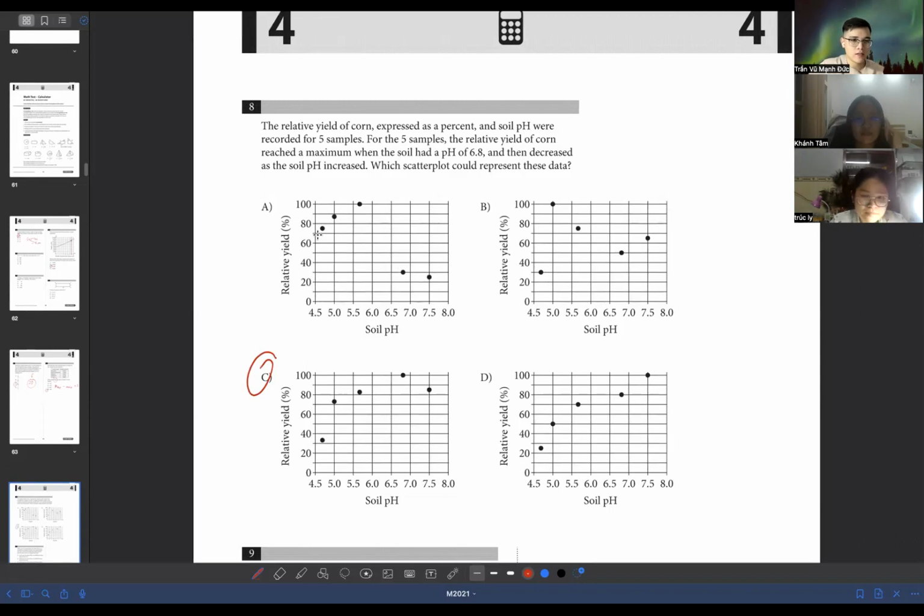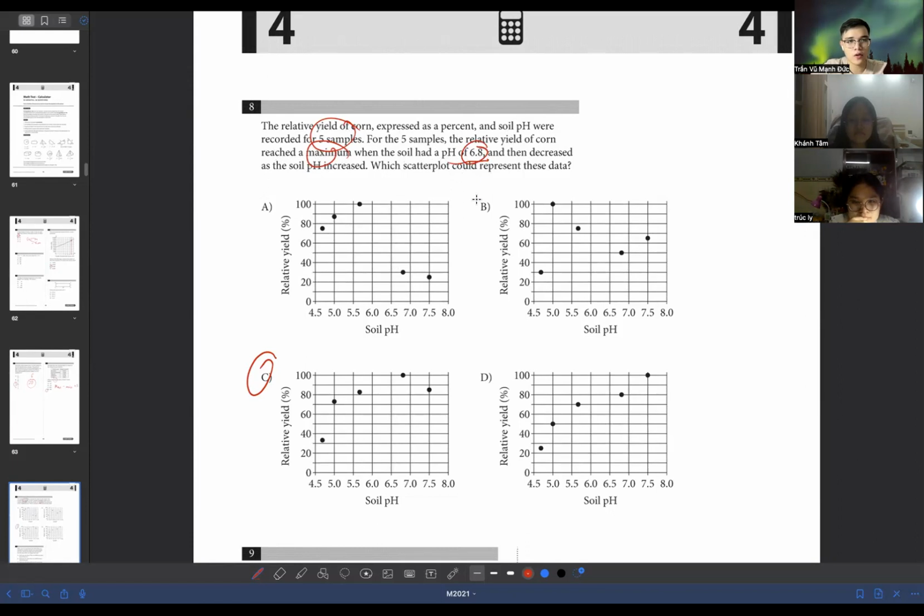How about you, Lina? Did you have 8 as C? Okay, let's check. The relative yield of corn, expressed as a percent, and soil pH were recorded for 5 samples. The relative yield of corn reached a maximum when the soil pH was 6.8.